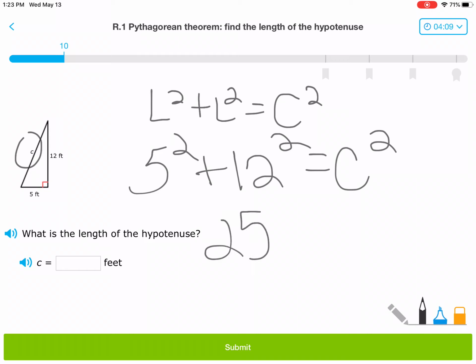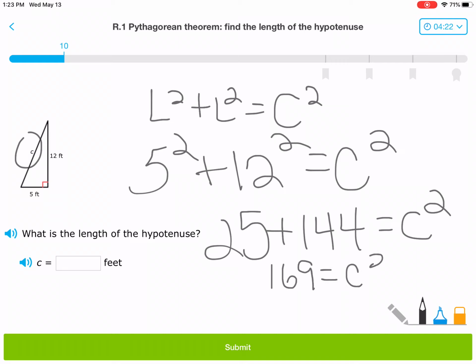So it's 25 plus 144 equals c squared. This gives me 169. How do we undo the square? We take the square root. So on your calculator, if you punch in the square root of 169, you're going to get 13, and 13 equals c.